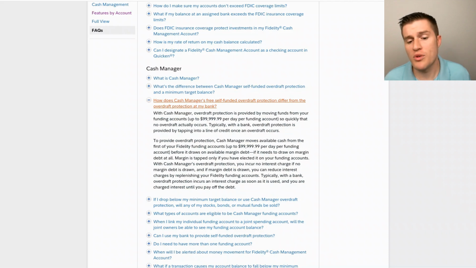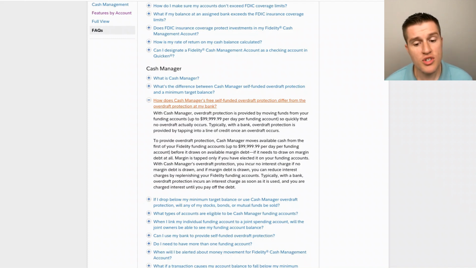To provide overdraft protection, Cash Manager moves money from your Fidelity accounts before it draws on margin. It's only going to draw on margin if you have your brokerage account enabled for it, and margin is tapped only if you have elected it on your funding accounts.